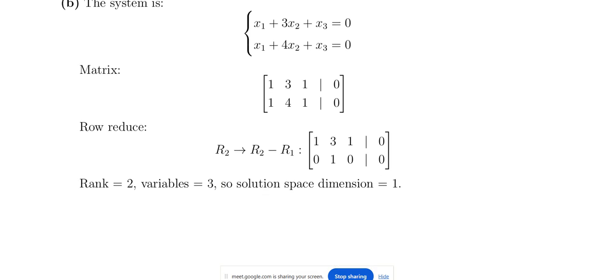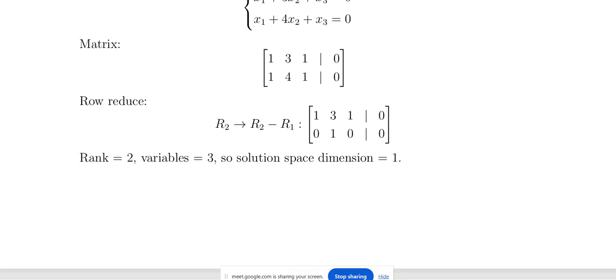And another system of equations, 1 3 1. Its elementary transformation, we try to make this 0, that is R2 minus R1, and then try to make this 0. Then the rank is 2, the number of non-zero rows, and the variables are 3. For the solution space, 3 minus 2 equal to 1. The dimension is 1.